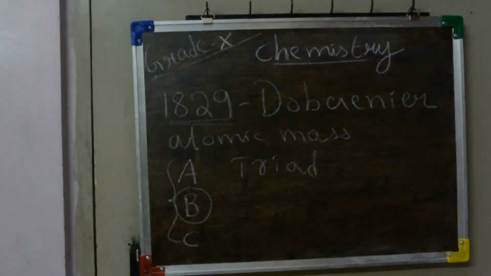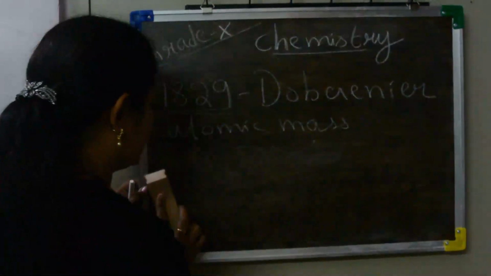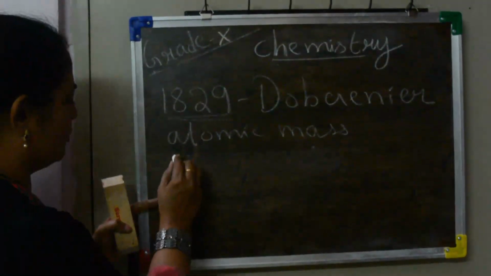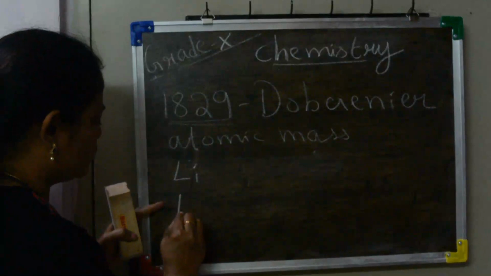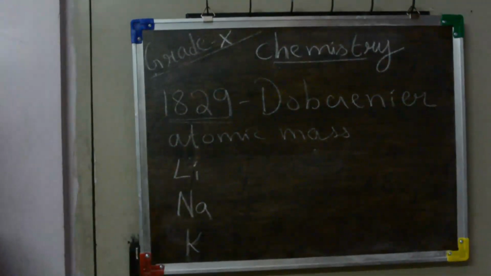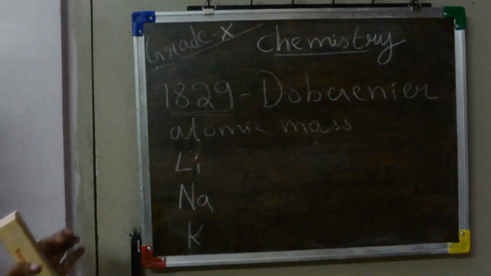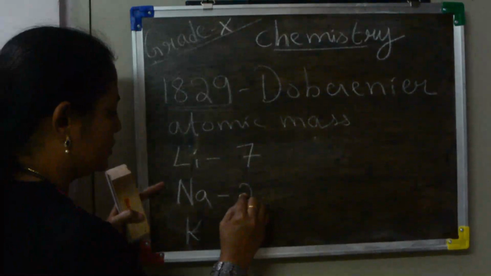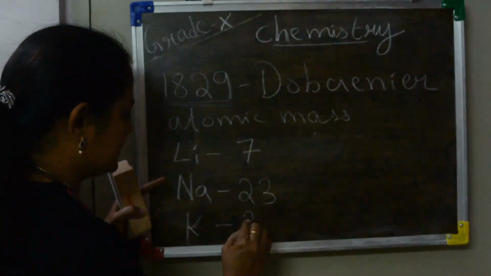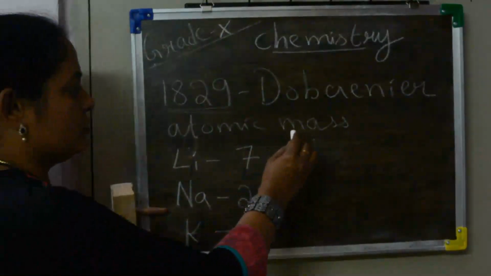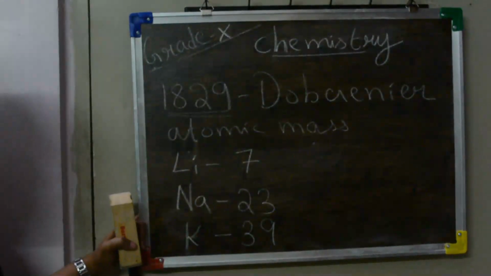To get into more detail, we can take one triad example: lithium, sodium and potassium. The masses are 7, 23 and 39. We'll see whether Dobereiner's law of triad is followed here.